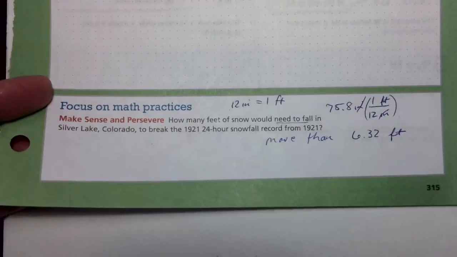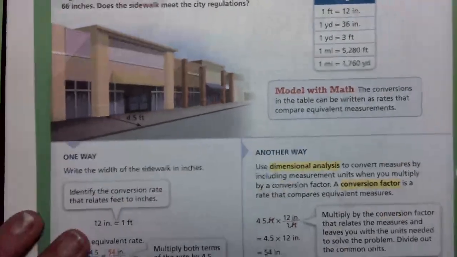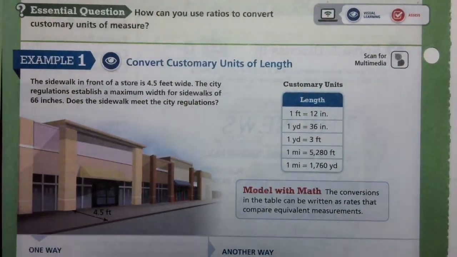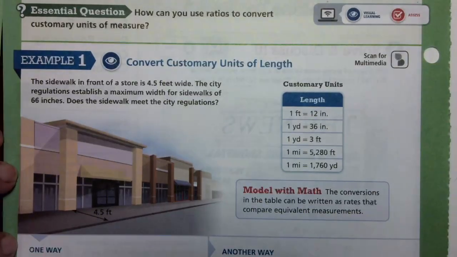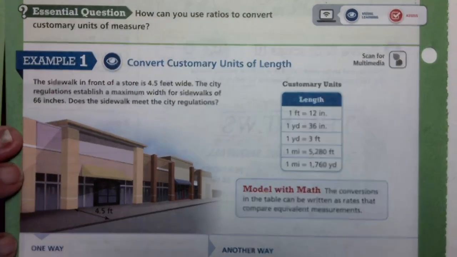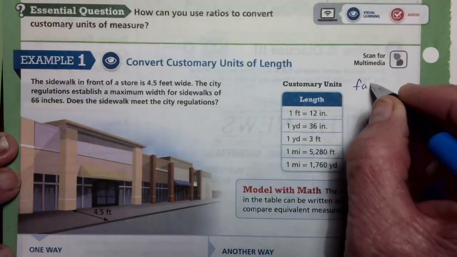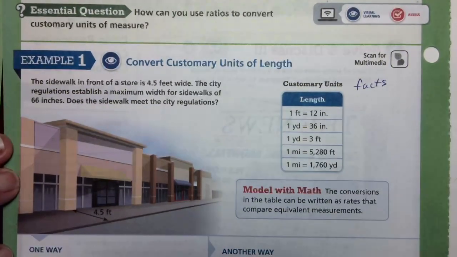All right, let's go to page 316, example number 1. Now, I want you to look at this little chart. These are all lengths, customary units of length. These are all facts. They won't change. They are what they are, and you need to memorize them.